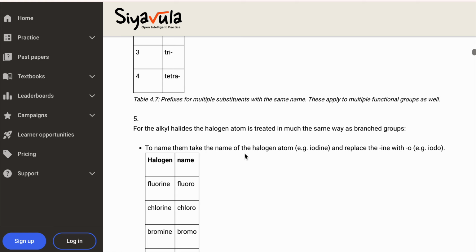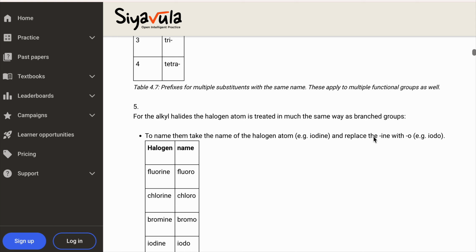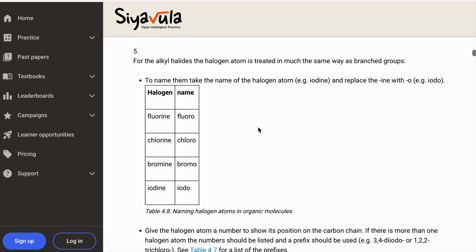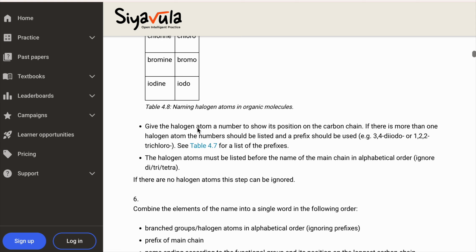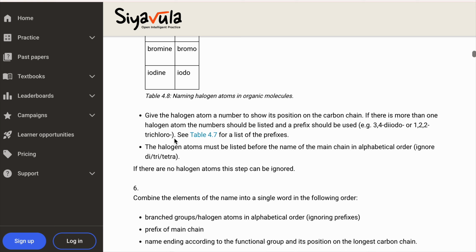To name them, take the name of the halogen atom. For example, iodine, replace the "-ine" with "-o". Fluoro, chloro, bromo, iodo. Okay, give the halogen atom a number to show its position on the carbon chain. If there is more than one halogen atom, the numbers should be listed and a prefix should be added.